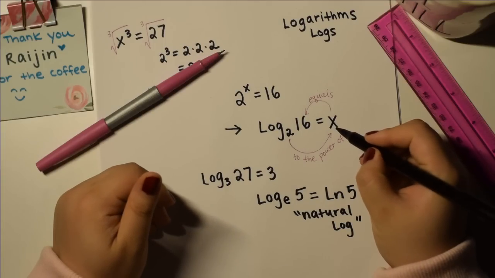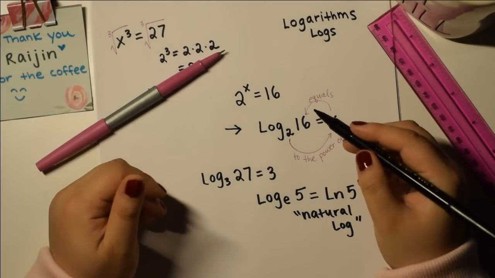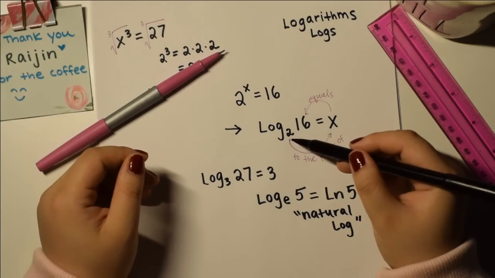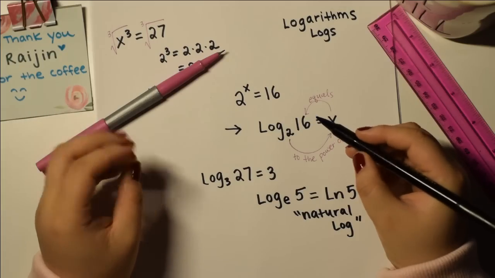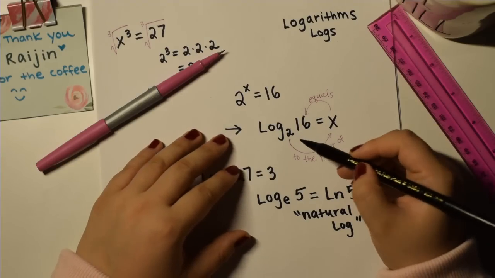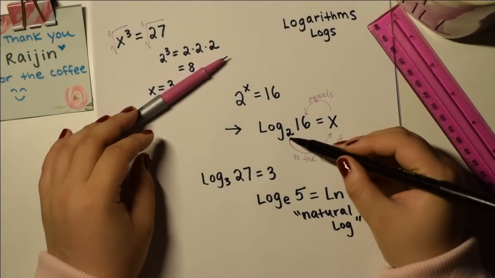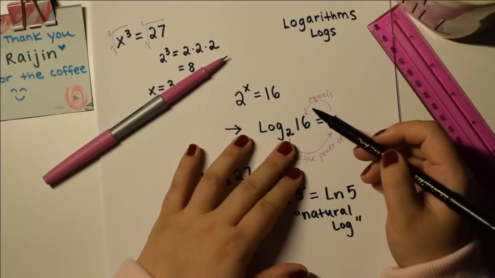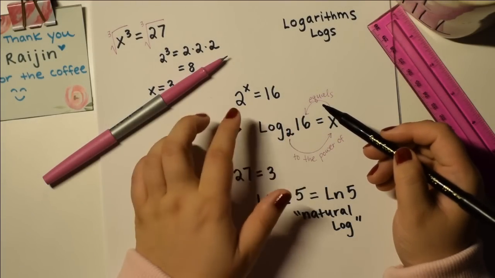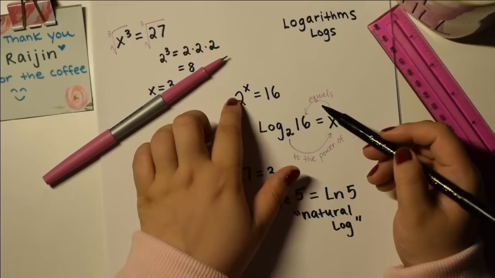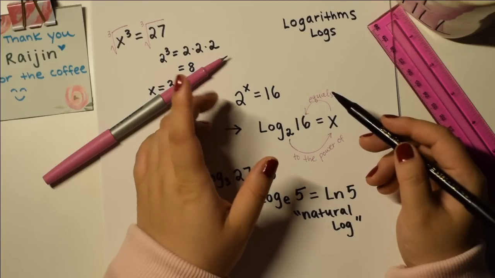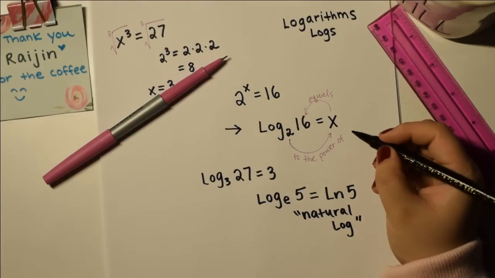There wouldn't be one clear answer, so you don't really have base 0 or base 1 or negative bases, although it does seem pretty cool to think about. But other than that, you could have whatever base there, and also you wouldn't take the log of a negative number because no exponent would leave you with a negative. That just doesn't ever happen with exponentials.